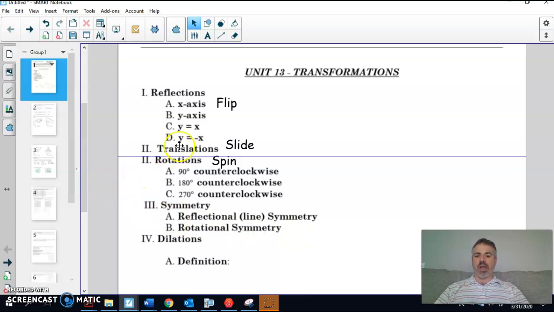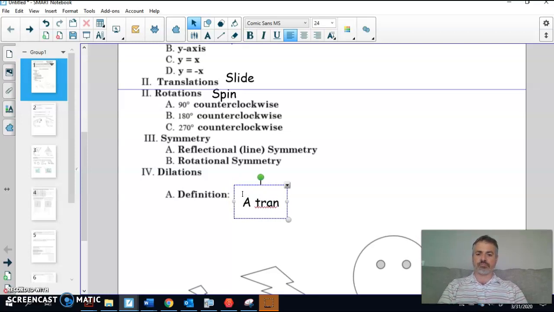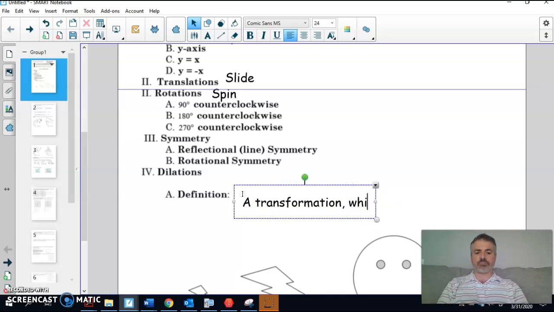But today we're going to add to our transformations. These are all transformations up here. This was just a characteristic. And today we're looking at dilations. The definition of a dilation is a transformation, and this is the first time it's not an isometry.